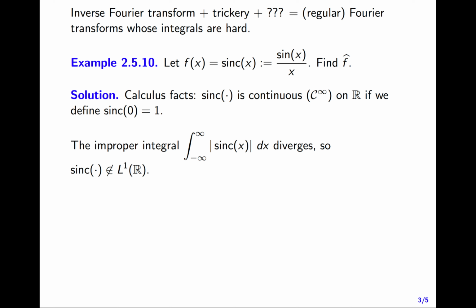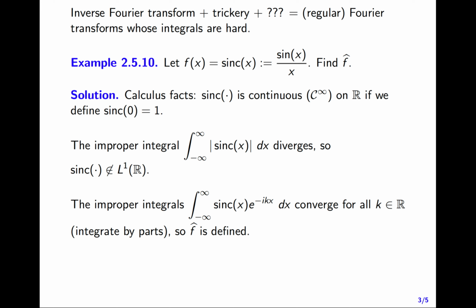So you might say, well, how does sinc have a Fourier transform? Fourier transforms are defined when the function's in L1. Yes, but I claim the following. The improper integrals of sinc of x times e to the minus ikx do converge for all k in the reals, so f hat, or sinc hat, is defined. Remember, the Fourier transform is defined whenever the Fourier improper integral is defined.